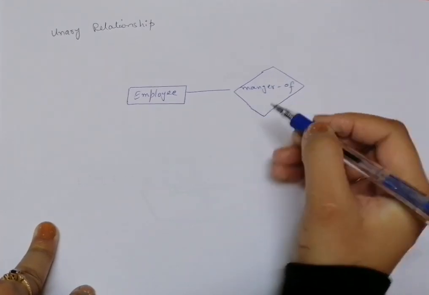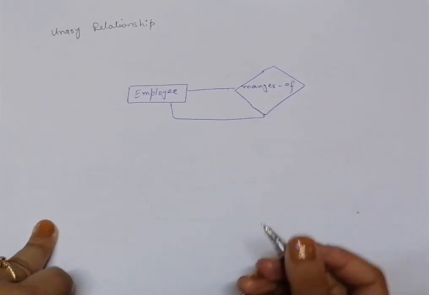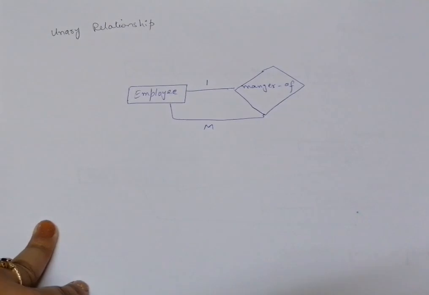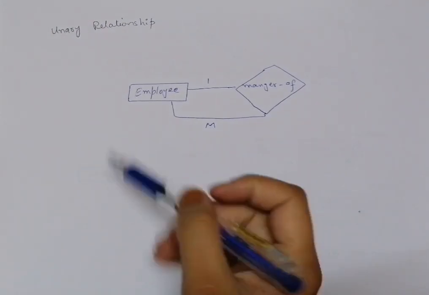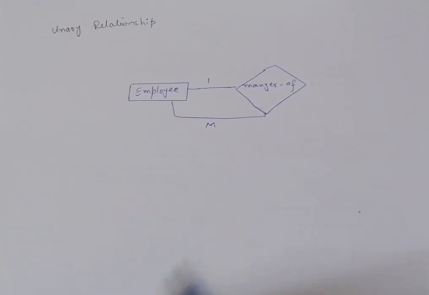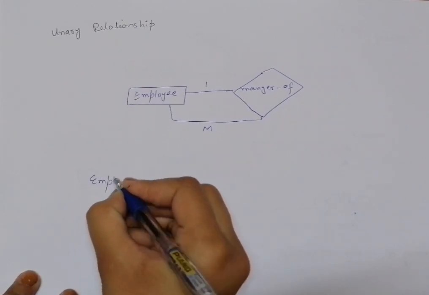So the relationship between employee and employee is of manager and subordinate. One person is managing many employees. So you can see that this is a unary relationship where one entity is linked with itself via the relationship of manager.